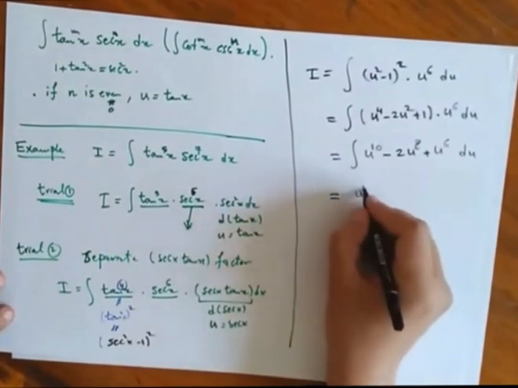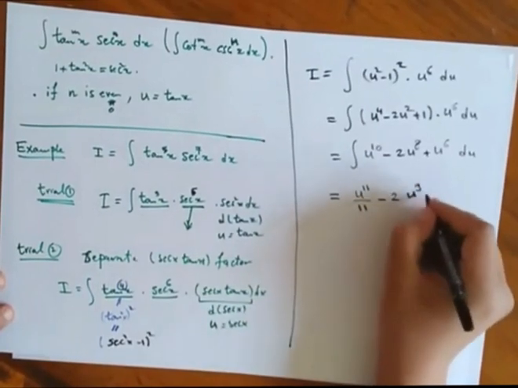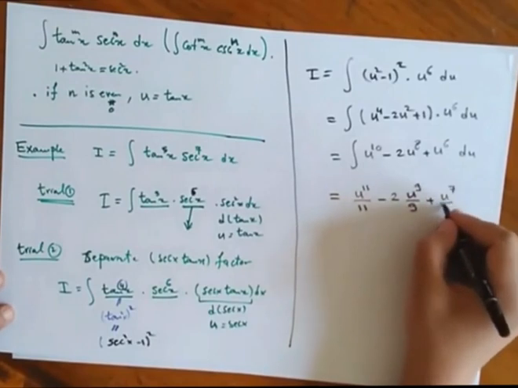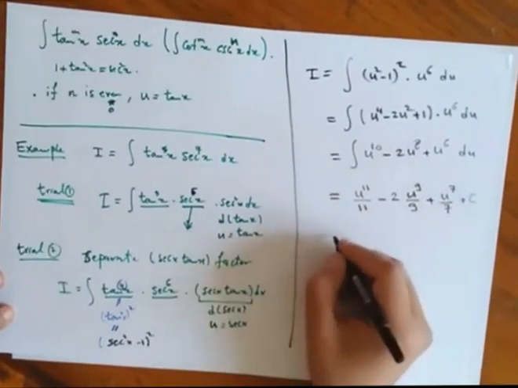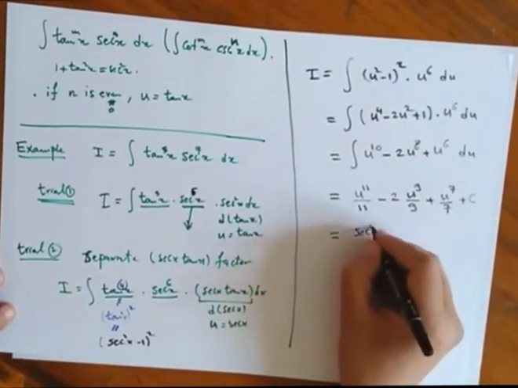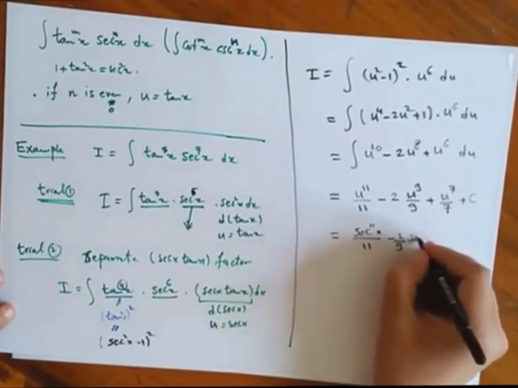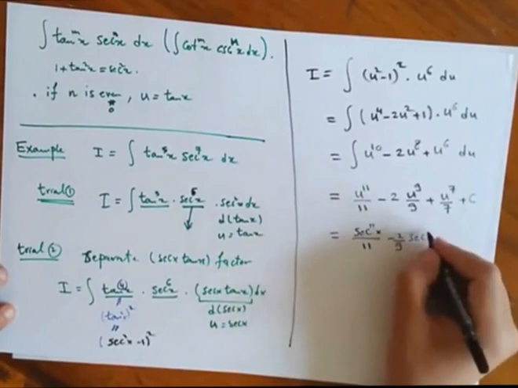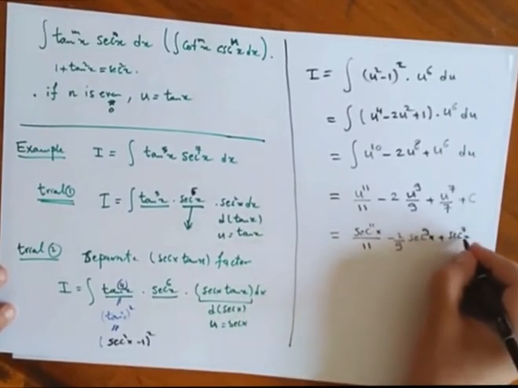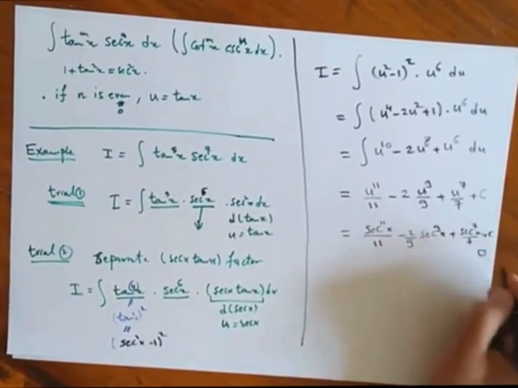So you will have u to the power 11 over 11 minus 2u to the power 9 over 9 plus u to the power 7 over 7 plus constant. And then you have to replace u by secant x. So you will have sec to the power 11 over 11 minus 2 over 9 sec to the power 9 plus sec to the power 7 over 7 plus c. And in this way we did it.